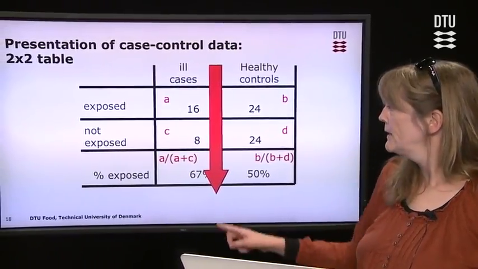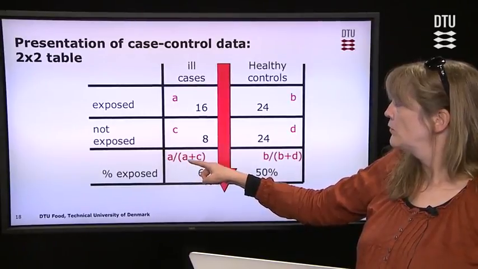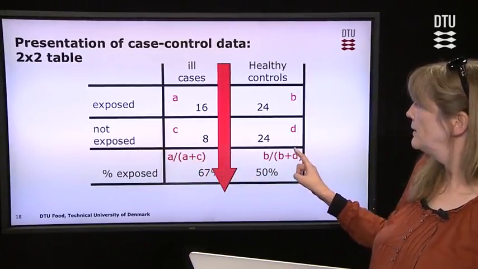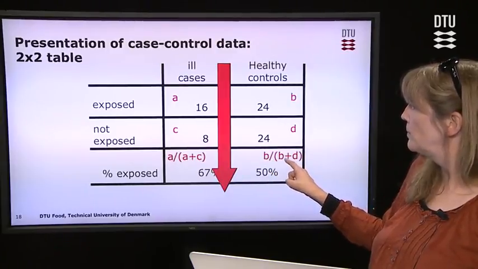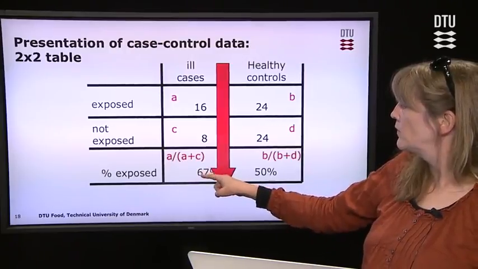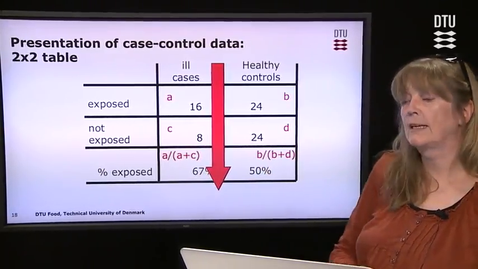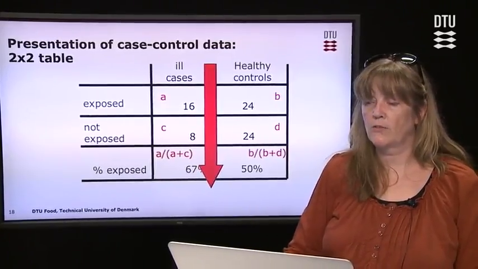But what we can estimate is the proportion of exposed out of the total number of ill, and again the proportion of exposed out of the total number of healthy controls. And if these differ a lot, if this one is very much higher than this one, then it can indicate that the factor analyzed is a risk factor.